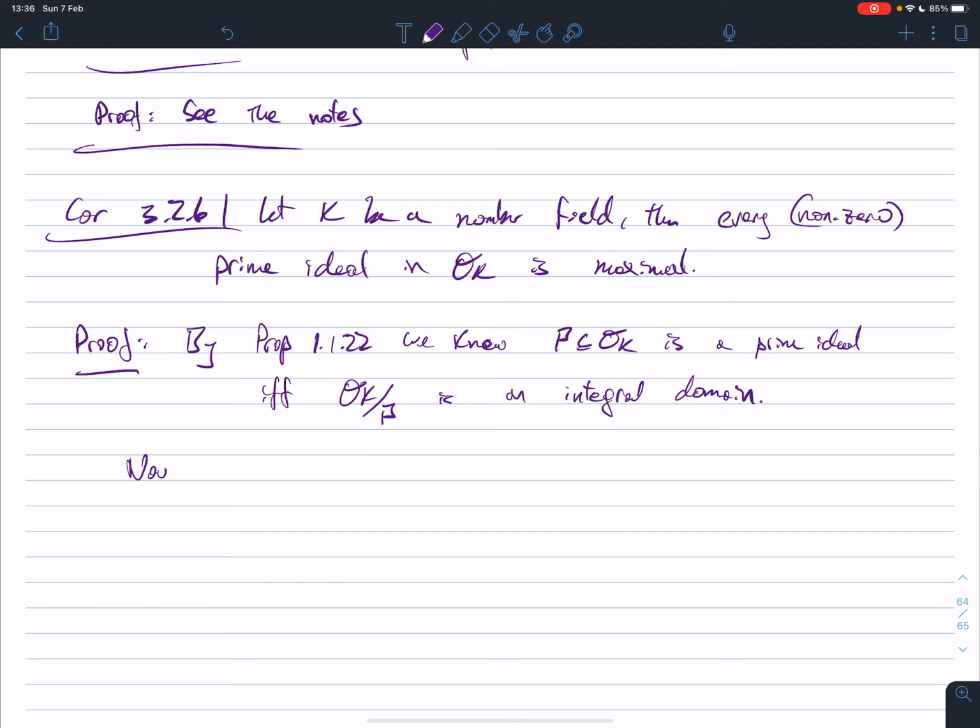Now, by proposition 3.2.4, two results above, we know O_K mod P is finite.